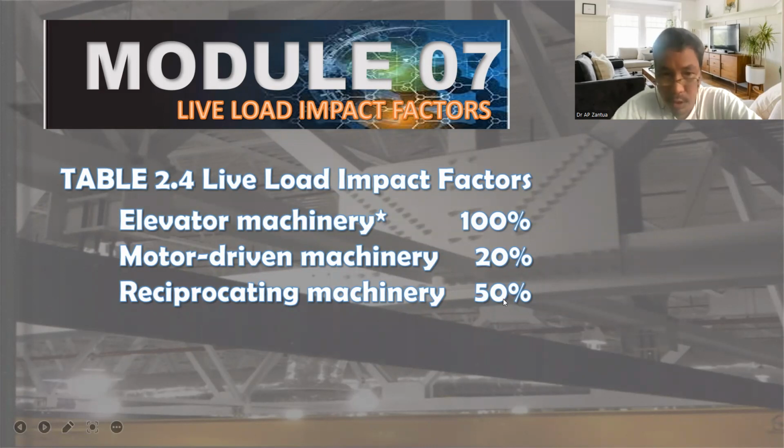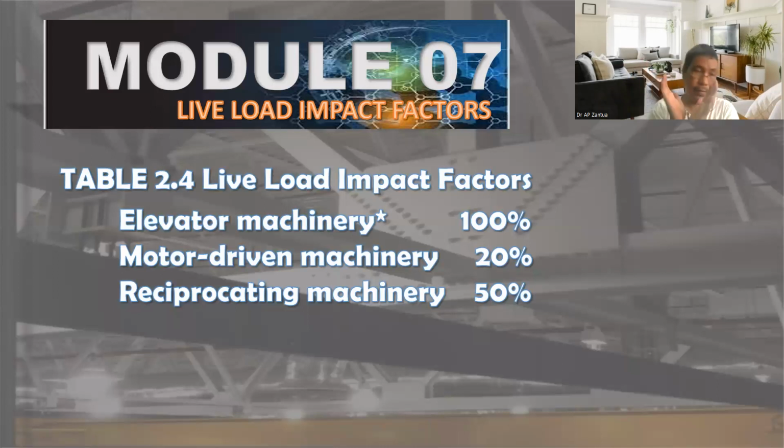An example of reciprocating machinery is in the automotive shop. You have a very big hydraulic cylinder that will carry a car, for example, an SUV or small truck.